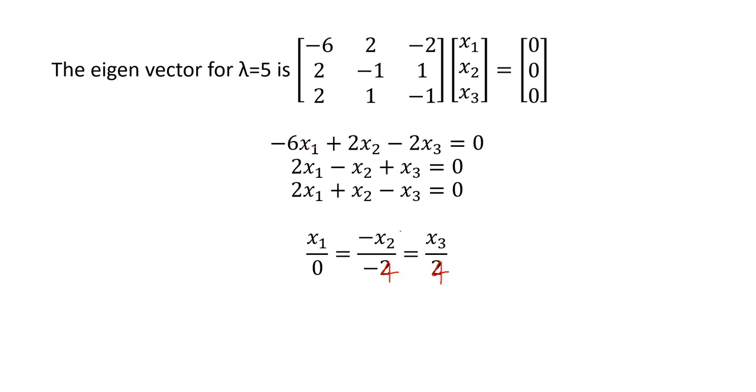Okay. So for x1, we avoid the first row and first column. We have minus 1 into minus 1 is 1, minus 1 into 1 is, so 1 minus 1 is 0.